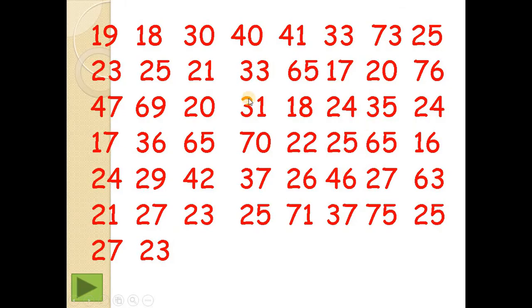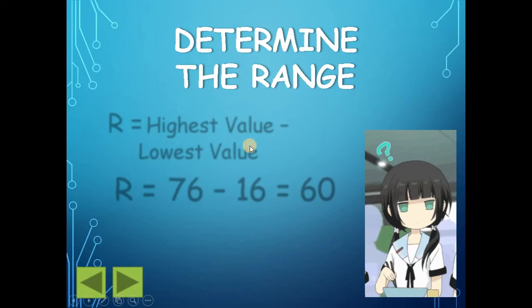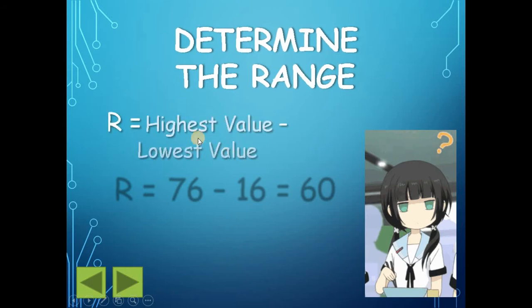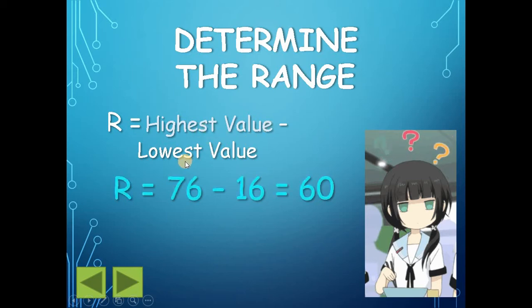Going back here, what is the smallest number? It is 16. So 16 is the lowest value. We subtract that from the highest value. So big minus small. In short, we have R, or the range. 76 minus 16 is equal to 60.